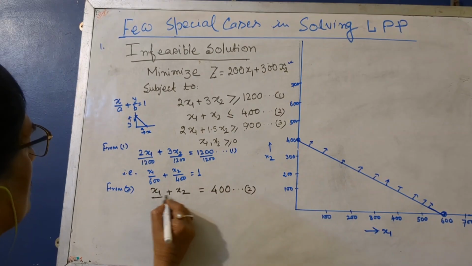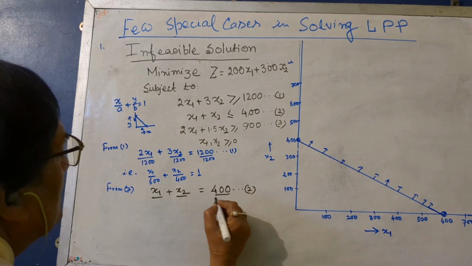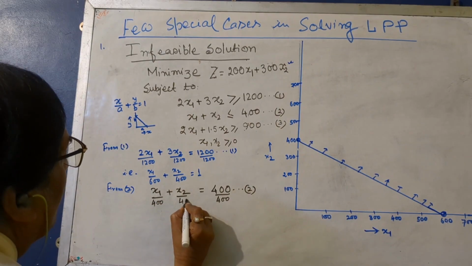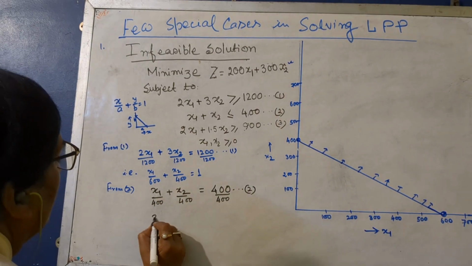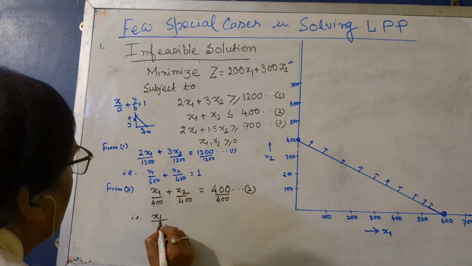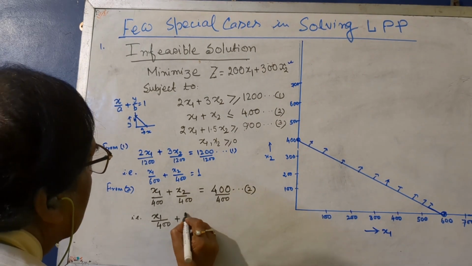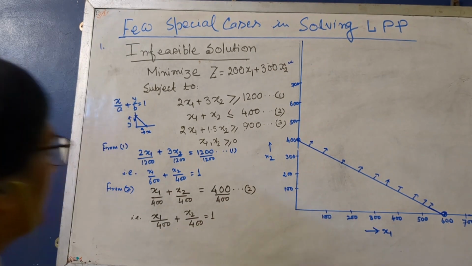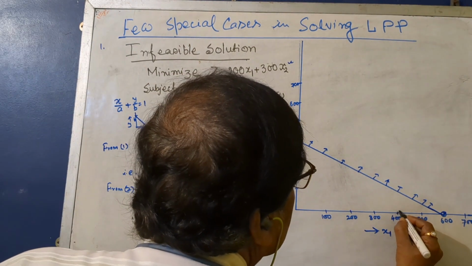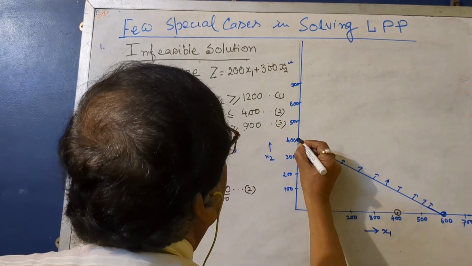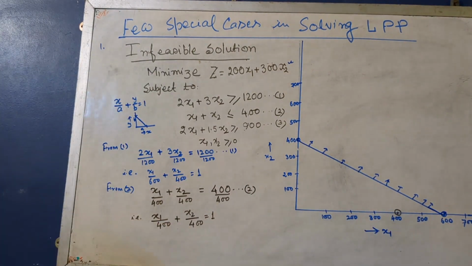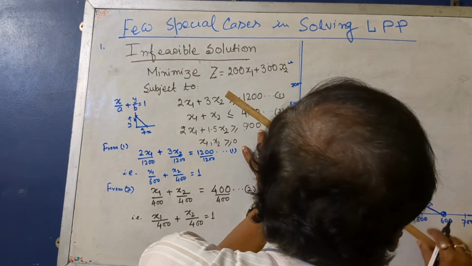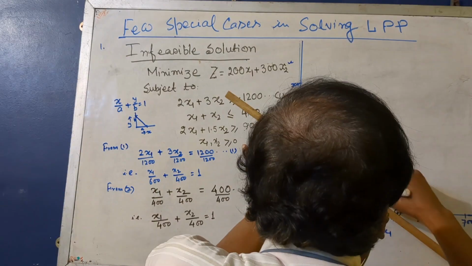Divide both sides by 400. You will do this in separate line, but to save the space I am doing on the same line. Then next, that is x1 by 400 plus x2 by 400 is equal to 1. That means 400 is this and 400 again this, and by joining these 2 points, we will get the line as this.